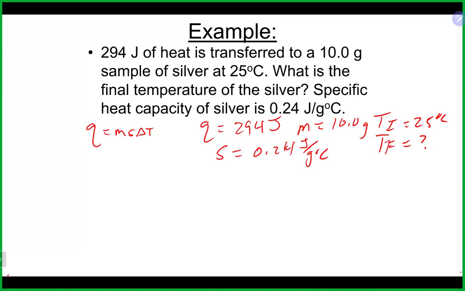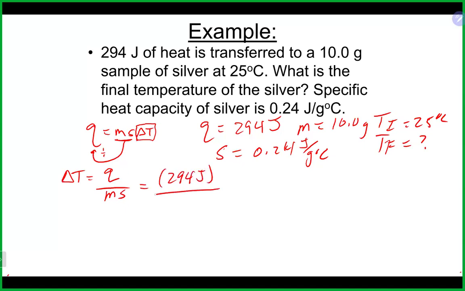A couple ways you can do it. You can plug it all in, including the 25 degrees. Or if you want, you could just solve for the change in temperature. And to do so, I'm going to divide by those to the other side. And that will give me the change in temperature is equal to Q divided by MS. Putting in my numbers here, 294 joules divided by 10 grams and 0.24 joules per gram per degree Celsius.